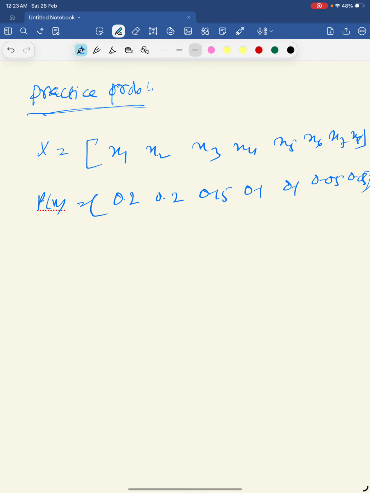So this probability is given for 1 2 3 4 5 6 7.